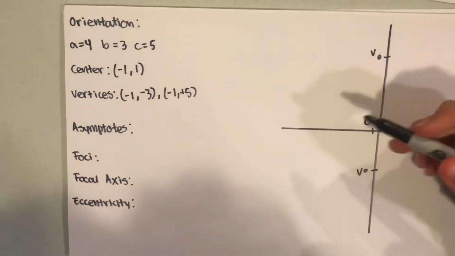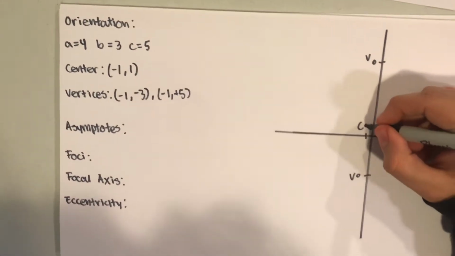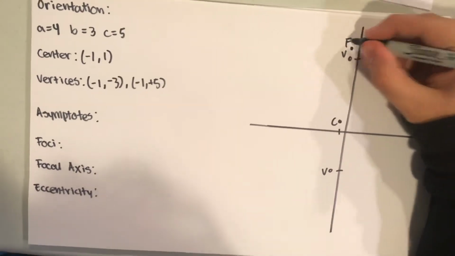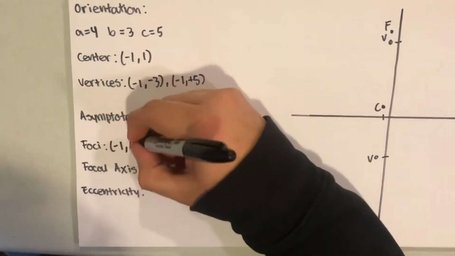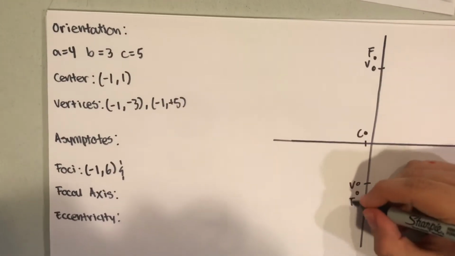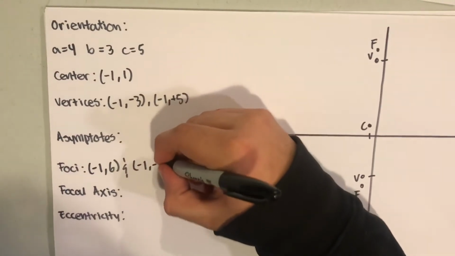To find the foci, you have to go up and down a distance of c from the center. Up 5, you find that the focus is (-1, 6). And going down, you find the focus at (-1, -4).